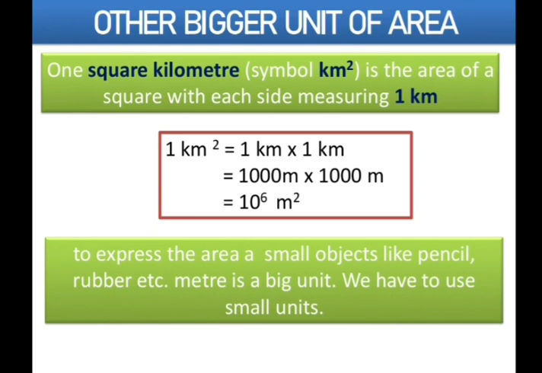So we will get 1 square kilometer is equal to 10 to the power 6 square meter. Fine. So this is all about the bigger units. If we want to calculate the area of a small object like a cardboard, a sheet, rubber, etc., we need a smaller unit also. So square centimeter and square millimeter are the smaller units.